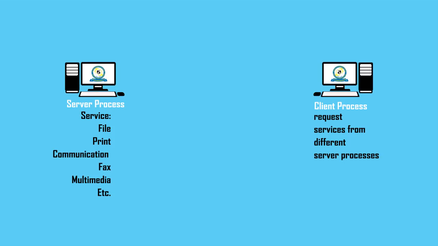As you can see in this diagram, this is a basic client-server model, whereby you have server on one side and client on the other side, but they have to be connected by a network. And from this diagram, we can see that server processes provide different services, which include fax, printing services, communication, multimedia, and so on. And on the client side, this is where a client requests services from this particular server.